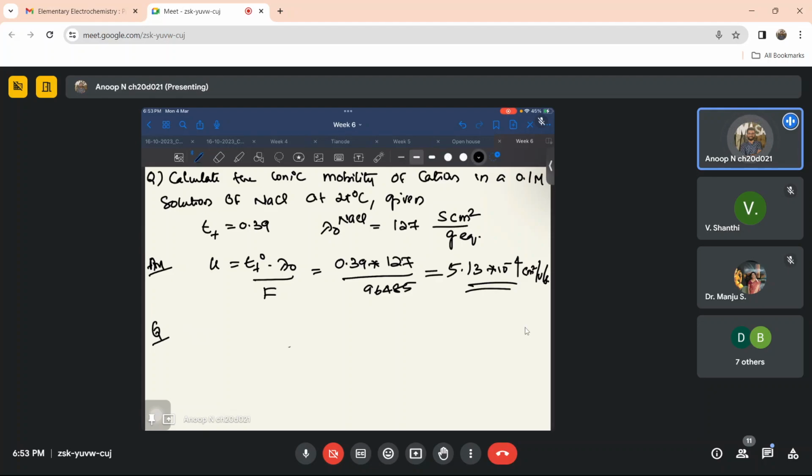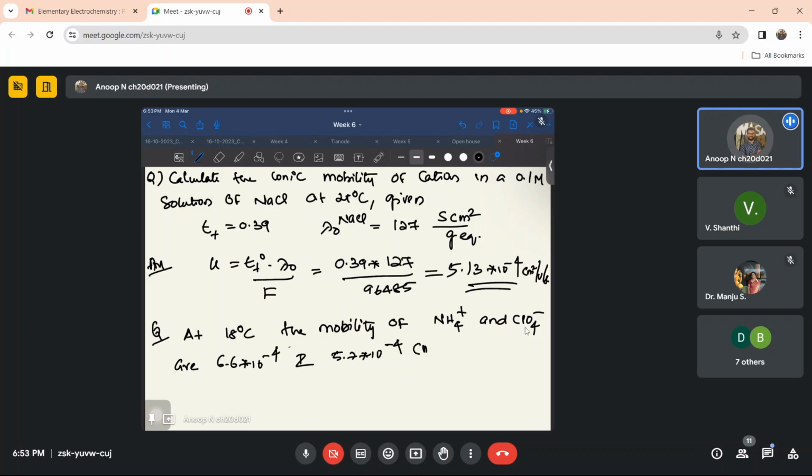At 18 degrees centigrade, the mobility of NH4 plus and ClO4 perchlorate ion are 6.6 into 10 raised to minus 4 and 5.7 into 10 raised to minus 4 centimeter squared per volt per second.